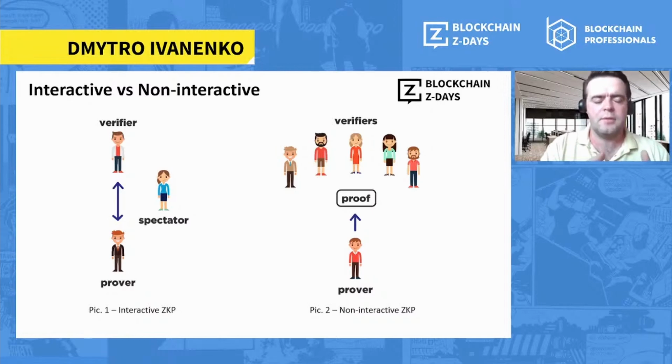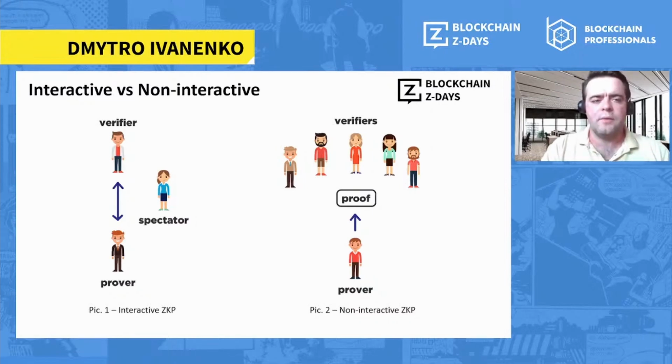Interactive is a situation with two sides, the verifier and the prover. This process may also have a third party, maybe a grantor, who generates initial data, and this data is called toxic waste. It's a situation when a third party generates these private parameters, and the toxic waste has to be destroyed for the whole scheme to be secure.